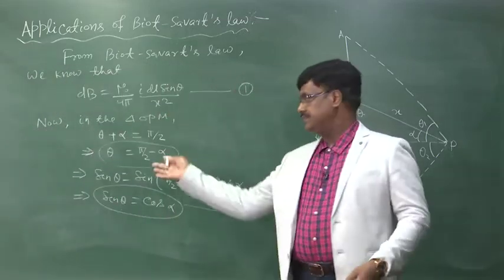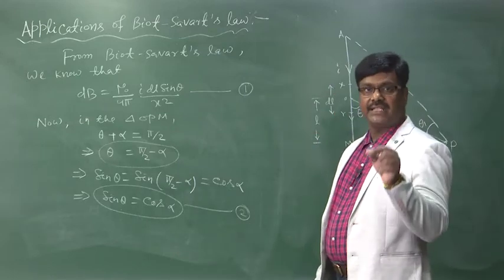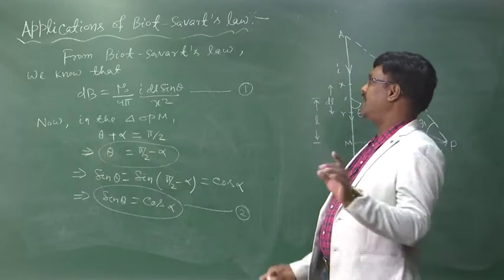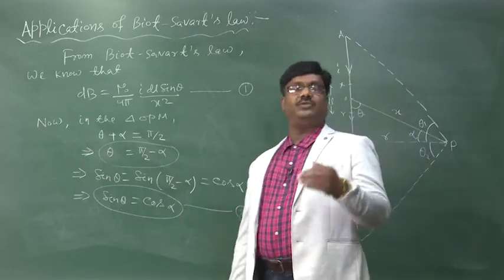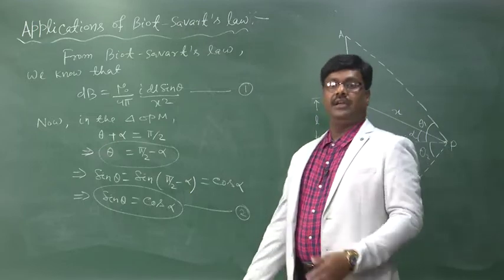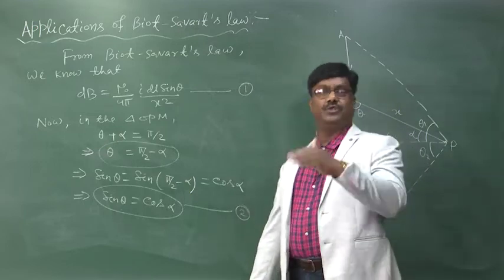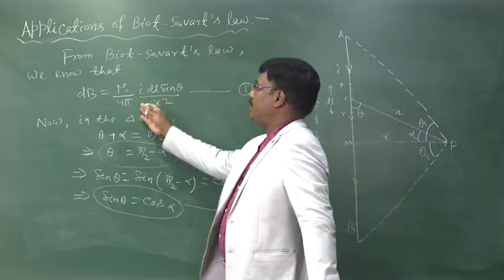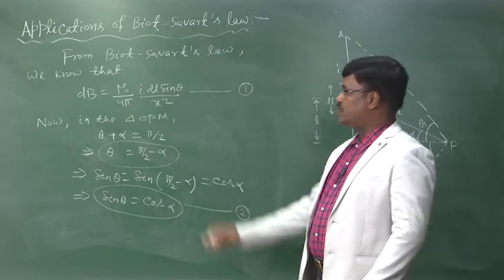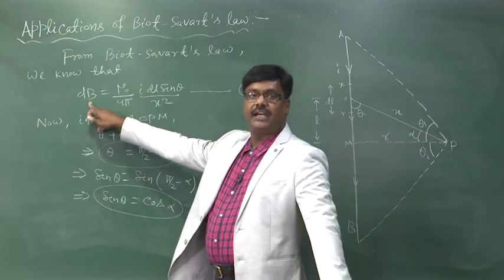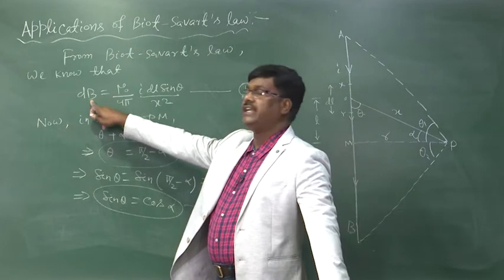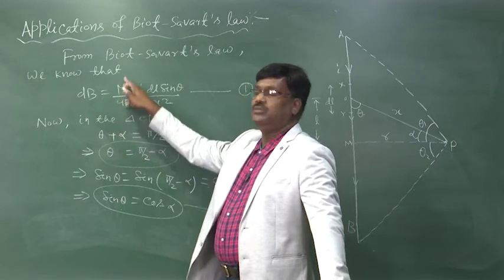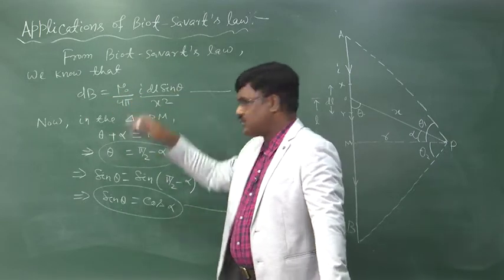What we are doing here? Actually, our intention is to find the magnitude of the magnetic field strength at the point of observation due to a long straight conductor carrying current, for which we have to use Biot-Savart's law. So, if dB is the magnetic field strength at the point of observation P due to the element xy, then according to Biot-Savart's law, dB equals mu 0 by 4 pi I dl sin theta by x square.